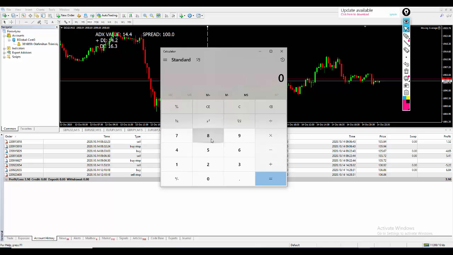Some days I'm going to make more than 1%. Some days I'm going to make below 1%. And if you are making 1% per day in your trade, that means you are going to make 20% per month, which translates to about 240% per annum.